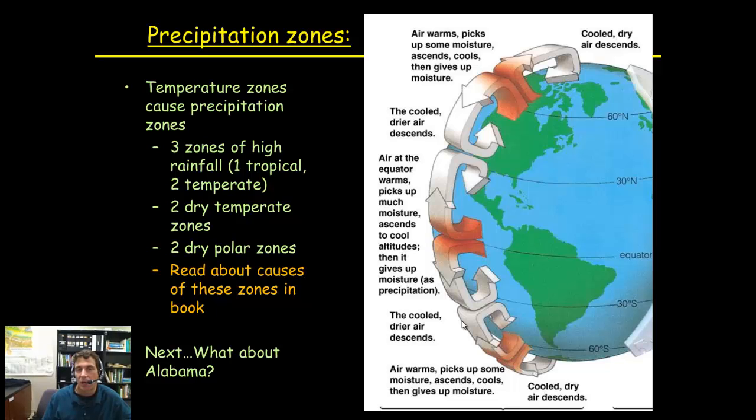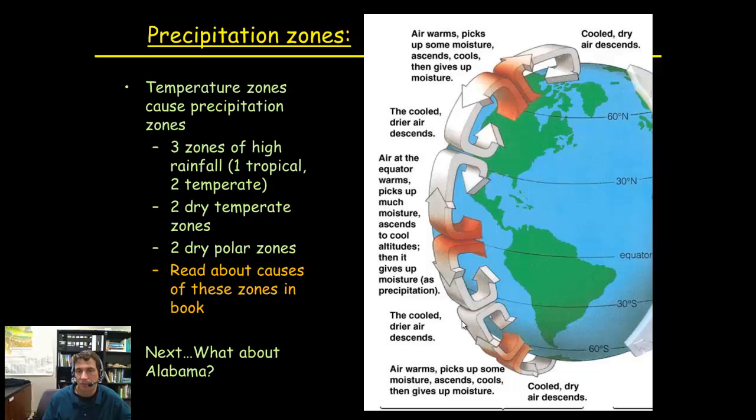Now at this point, this air is very cool and it's dry. And do you remember what happens to air that's cold? Well, yeah, it likes to sink. And so this air gradually starts making a descent, going into lower and lower altitudes. And in general, it tends to fall out at around 30 degrees north of the equator and about 30 degrees south of the equator. This air is very dry, and consequently, that's where we have the world's major deserts at those 2 latitudes.